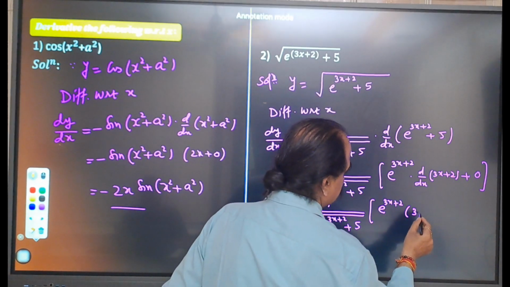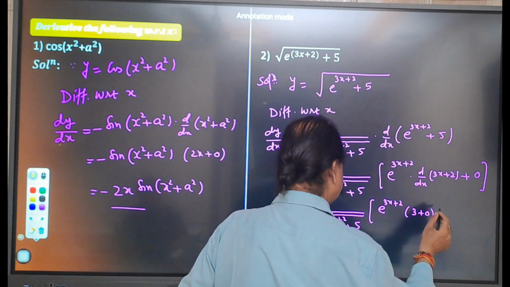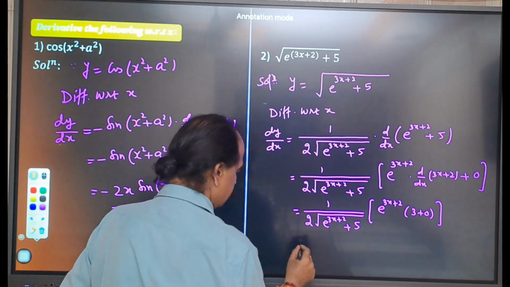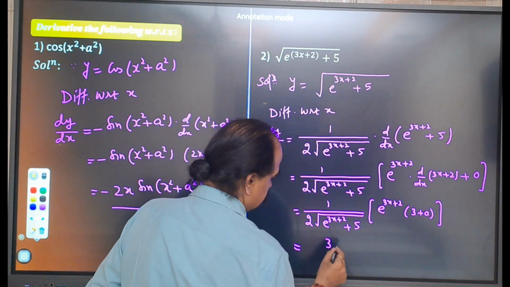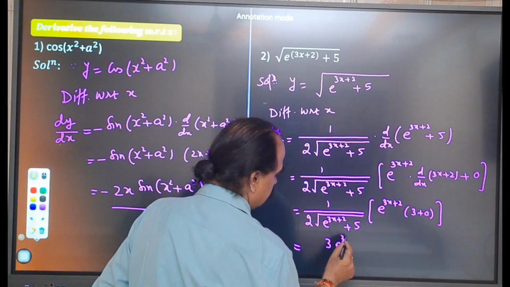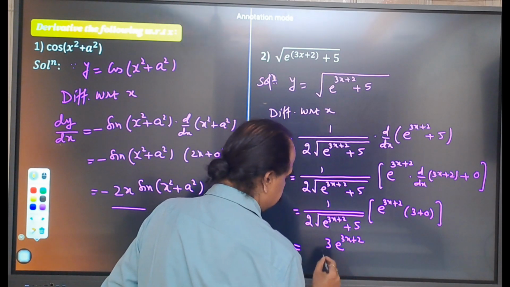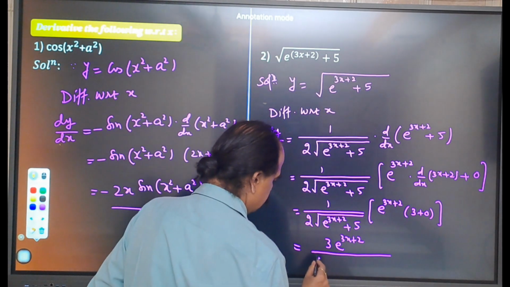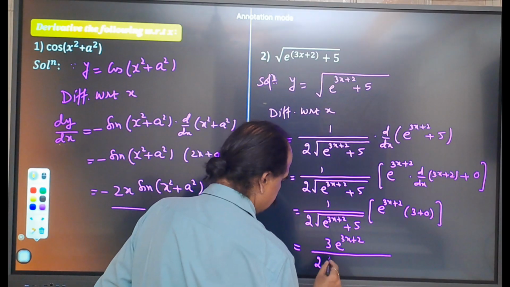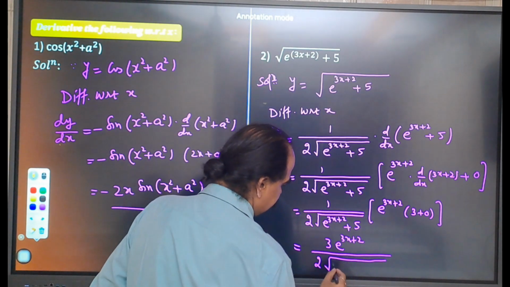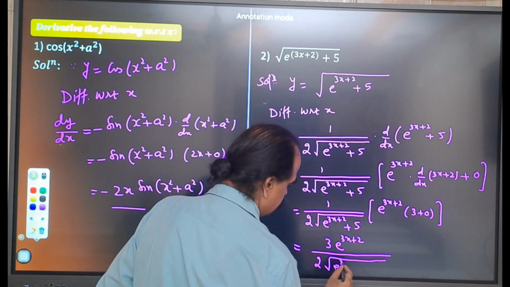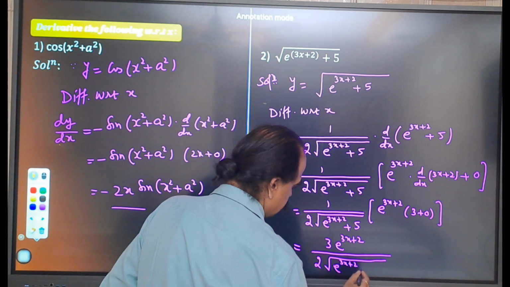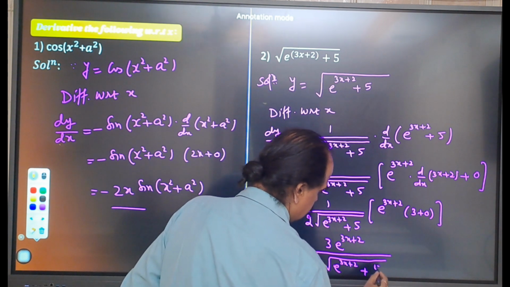Derivative of 3x plus 2 is what? 3 plus 0. 3 e raised to 3x plus 2 upon 2 root (e raised to 3x plus 2 plus 5).